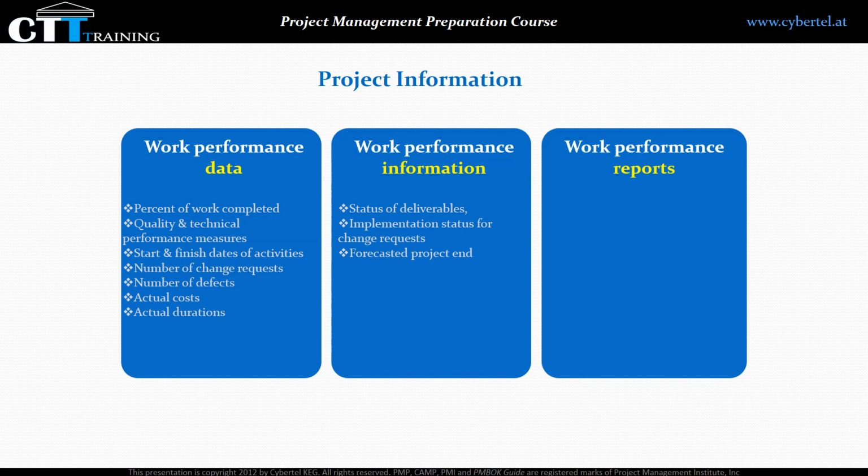Work performance reports. This is the representation of work performance information related to project documents. Examples of work performance reports are status reports, memos, justifications, information notes, electronic dashboards, recommendations, and updates.